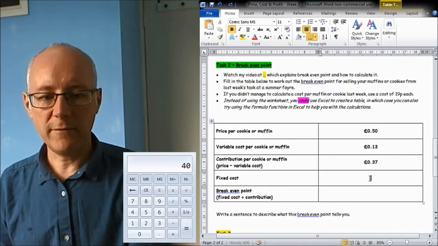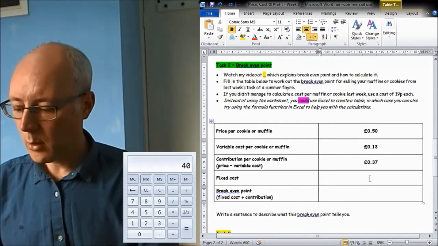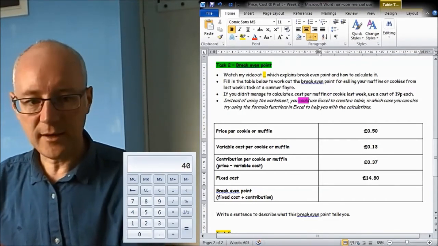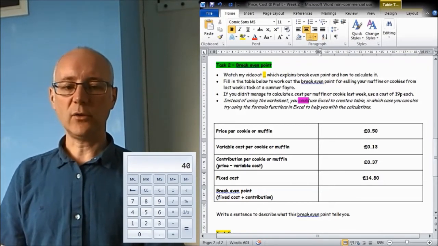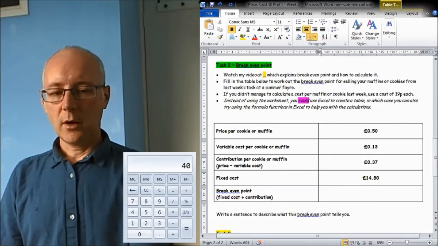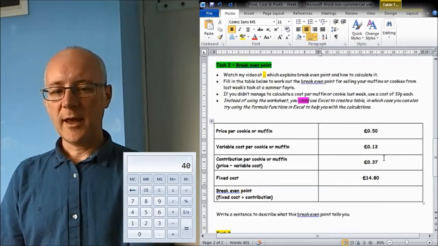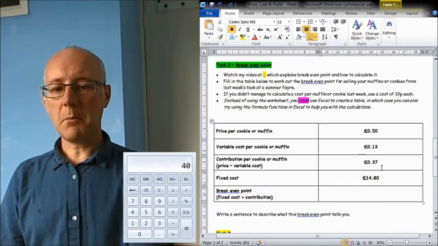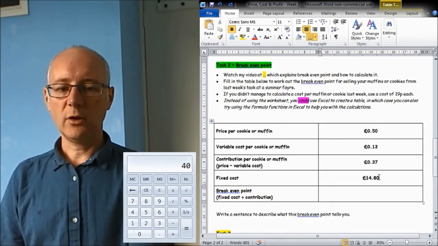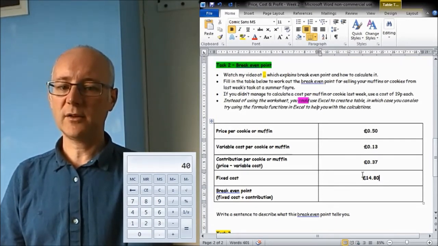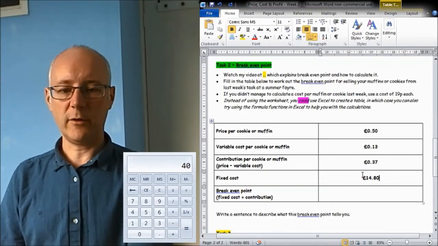Now, the fixed cost, if you remember, was £14.80, and that's independent of how many cookies or muffins I sell. So what I want to ask myself is, what's the minimum number of cookies I would need to make and sell in order to cover this fixed cost? How many would I need to make in order to pay for my fixed costs and then start to make a profit? And that's what we call the break-even point.